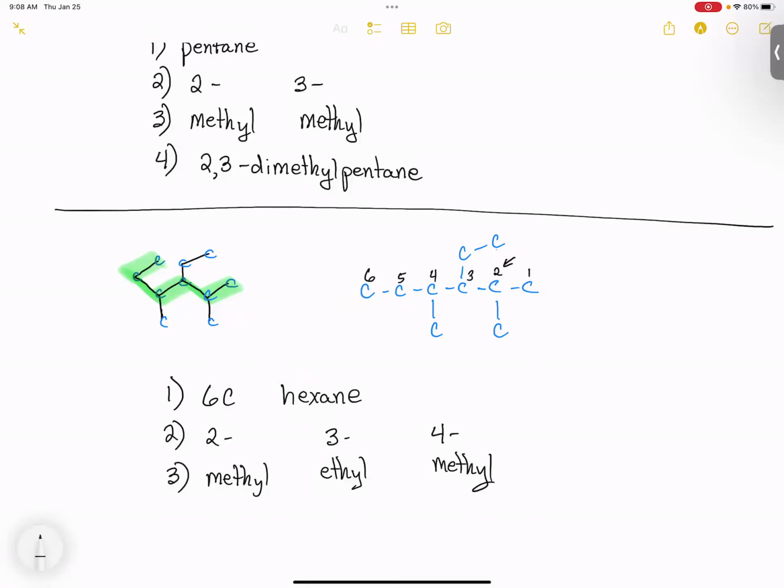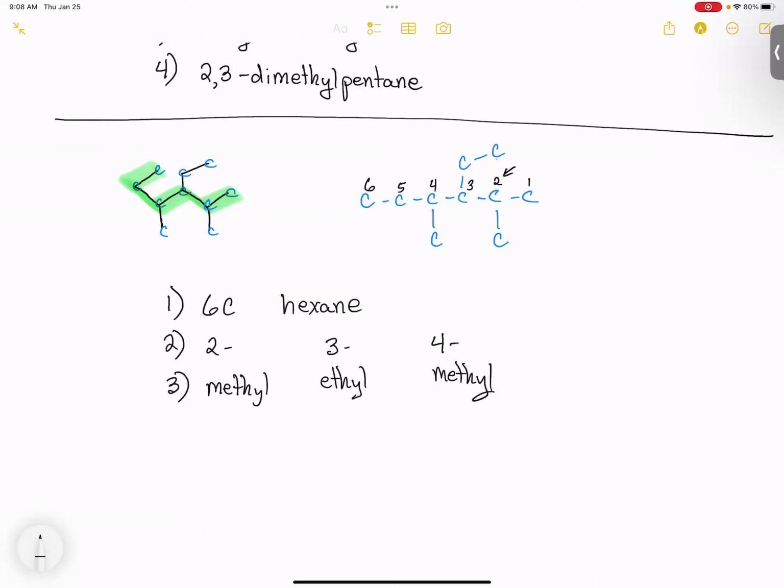I noticed at least one person did it slightly wrong, because you have to list the substituents alphabetically, and E comes before M. So we would call this 3-ethyl-2,4-dimethylhexane.